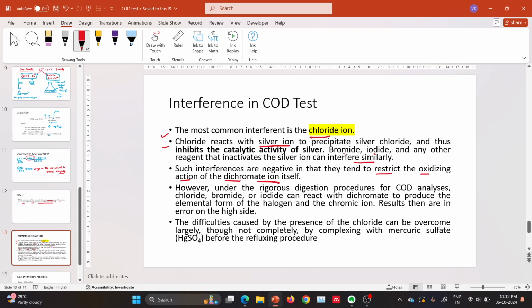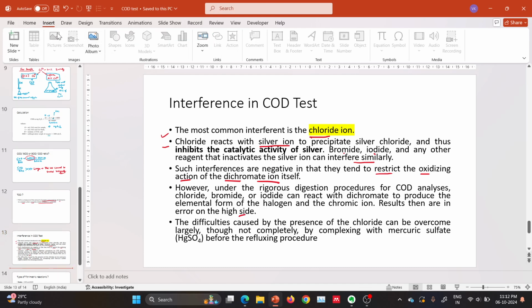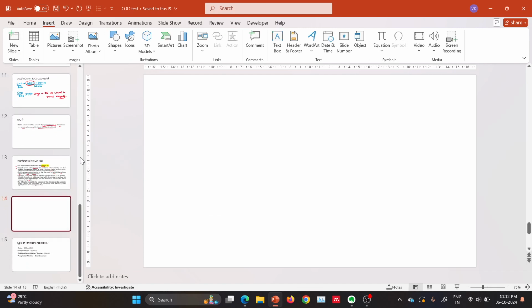However, under the rigorous digestion procedure for COD analysis, chloride, bromide, or iodide can react with dichromate to produce the elemental form of halogen and chromic ion. Results then are on the higher side. This point we can understand as follows.